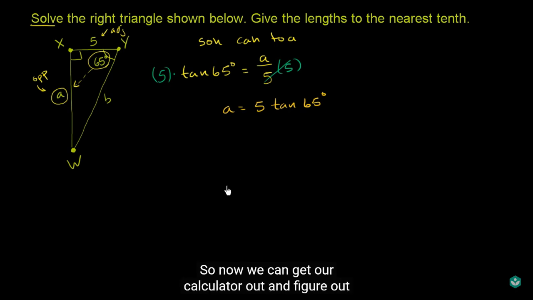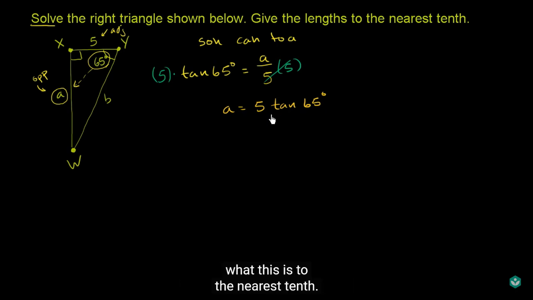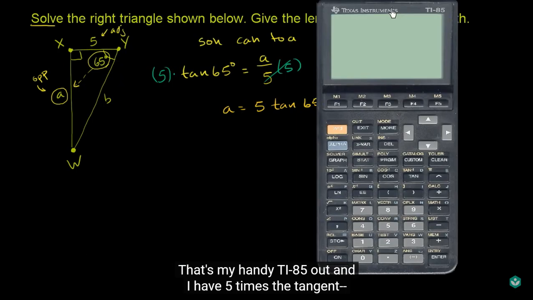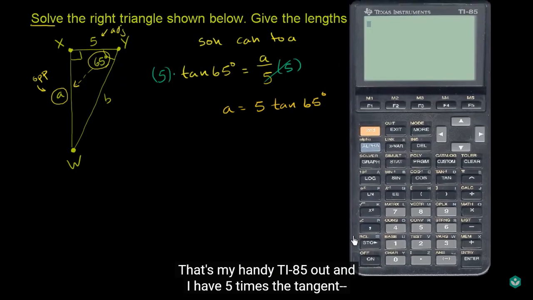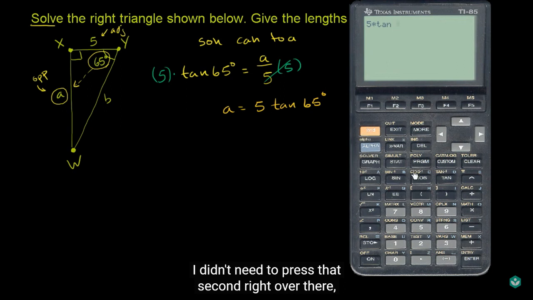So now we can get our calculator out and figure out what this is to the nearest tenth. Get my handy TI-85 out, and I have 5 times the tangent of 65 degrees.